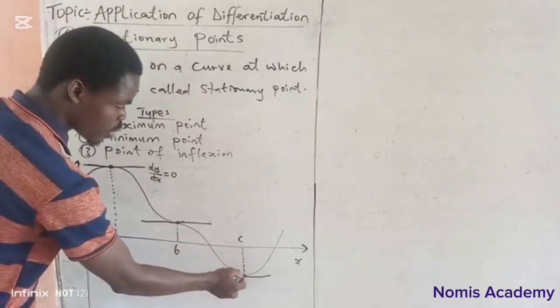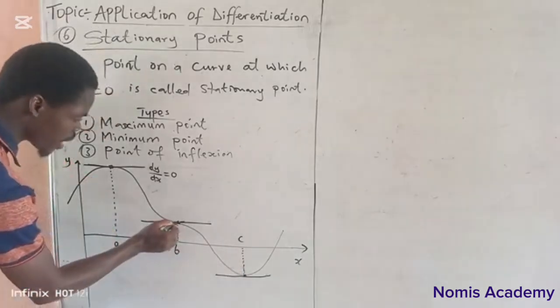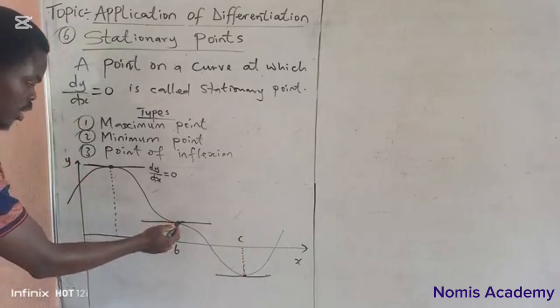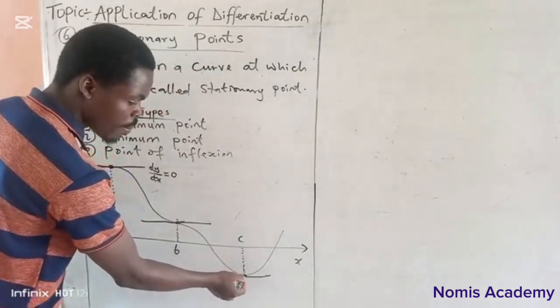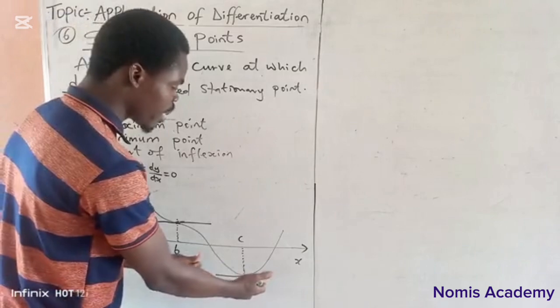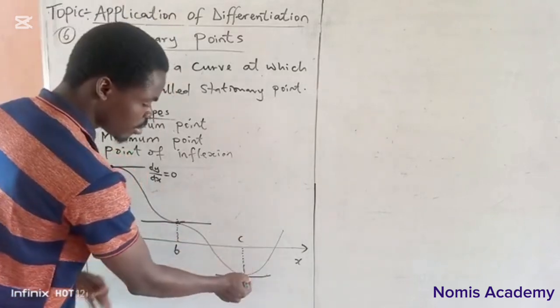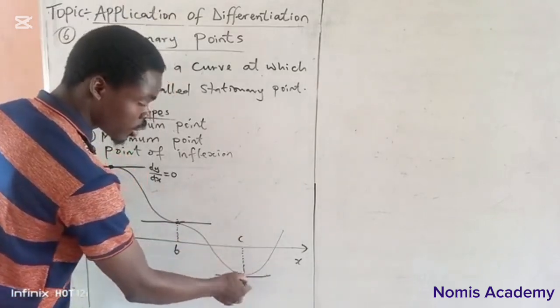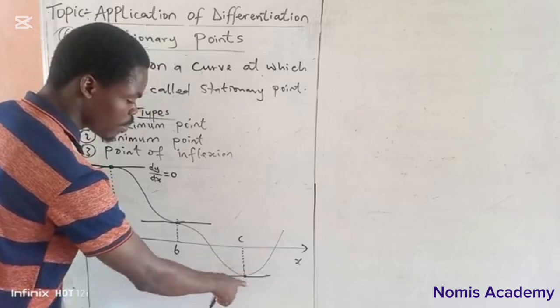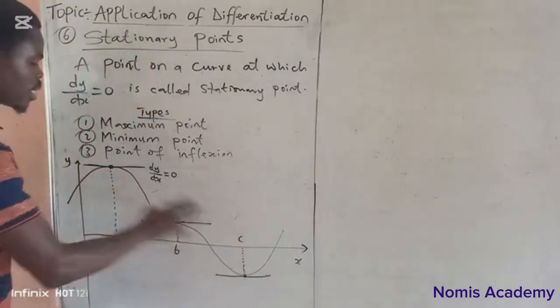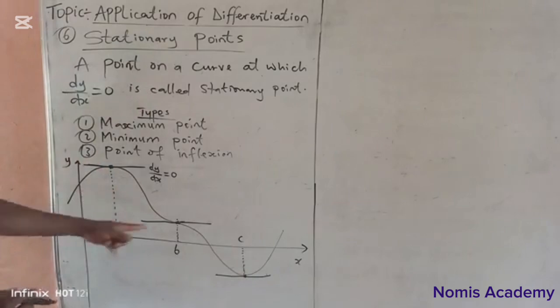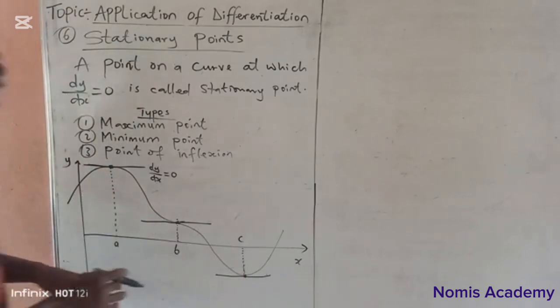But at this other point, we have a turning point. So this is the point of inflection, that's point B, while this is called the minimum point. When you have a parabola facing up, the bottom is what we call the minimum point. Put this in mind.